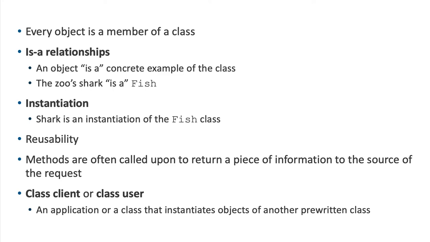Both were provided for you by Java's creators. Similarly, you might create a class that others will use to instantiate objects within their own applications. You can call an application or class that instantiates objects of another class a class client or a class user.